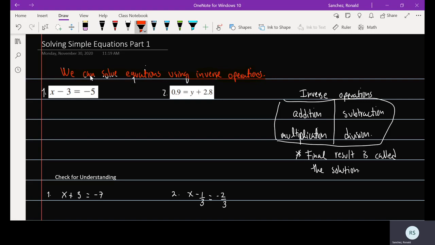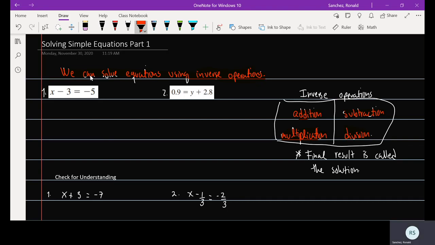Inverse operations just means the opposite of the operation that is happening in the equation. For example, if I have addition, the inverse operation of adding, the opposite of adding, will be subtracting. If I am multiplying, which we will not see in this video, but in another video, the inverse operation of that will be division. And we can use inverse operations to isolate variables.